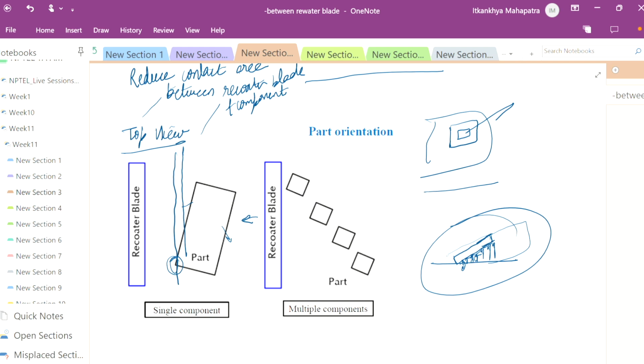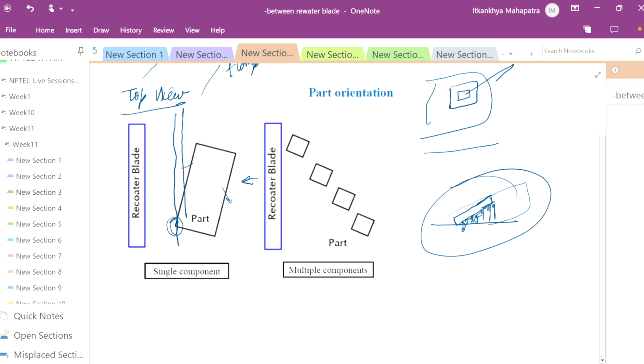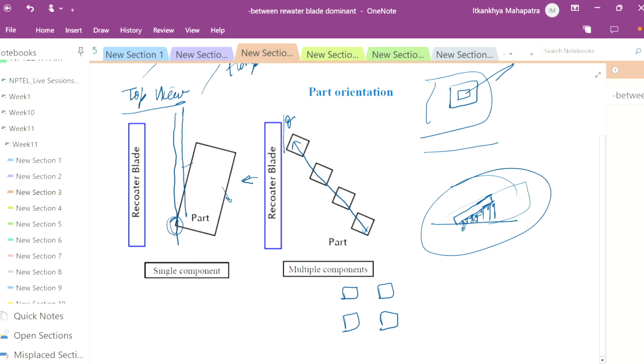Now, what will happen in case of multiple components? We'll understand. Multiple components we have to place diagonally. We do not place them in this manner. This is never recommended. Now, we can see that there is an angle in the XY plane. All these components are aligned in a diagonal fashion.